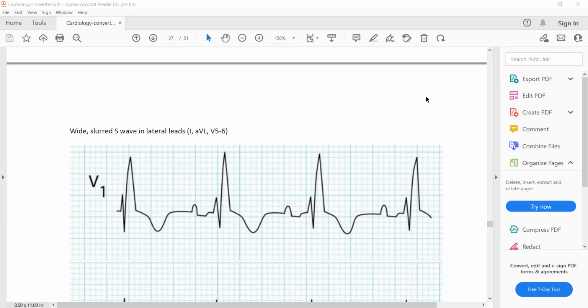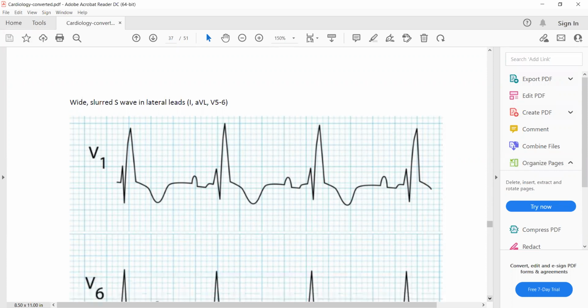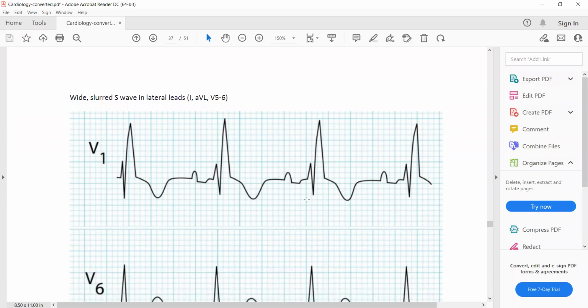So again, we were discussing right bundle branch block, and to diagnose right bundle branch block, you need to look at two leads, which are V1 and V6. In V1, there will be an RSR pattern, or kind of M-shaped QRS complexes.